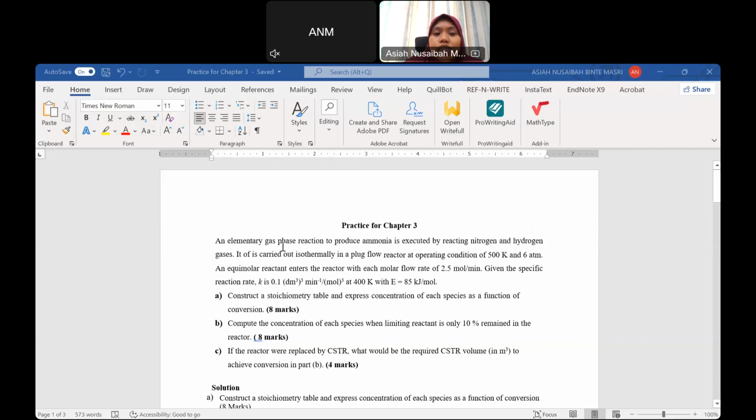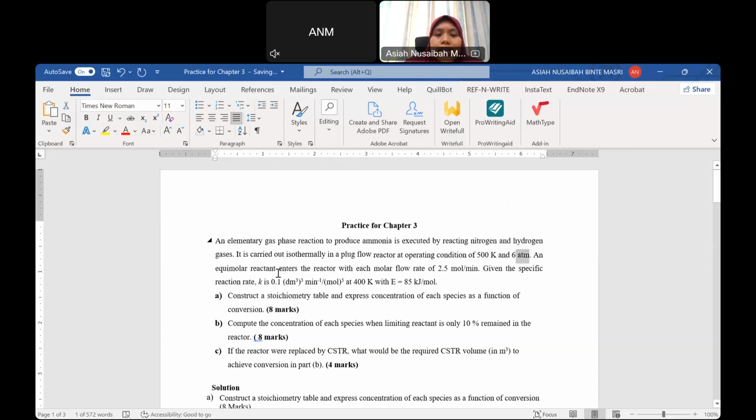An elementary gas phase reaction to produce ammonia is executed by reacting nitrogen and hydrogen gases. It is carried out isothermally in a plug flow reactor at operating condition of 500 Kelvin and 6 atm.